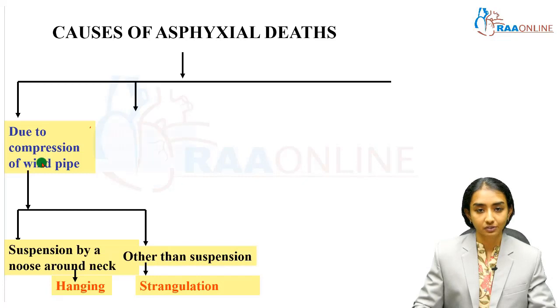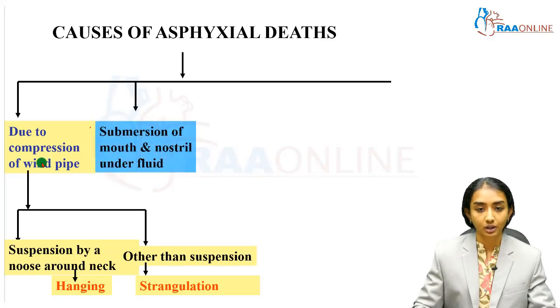Coming to the next type of asphyxial death, it is because of the submersion of the mouth or nostril under the fluid, which means there is the restriction of air entry through the mouth or nostril because there is some other fluid getting inside the mouth and nostril. This type of asphyxial death is called as drowning.